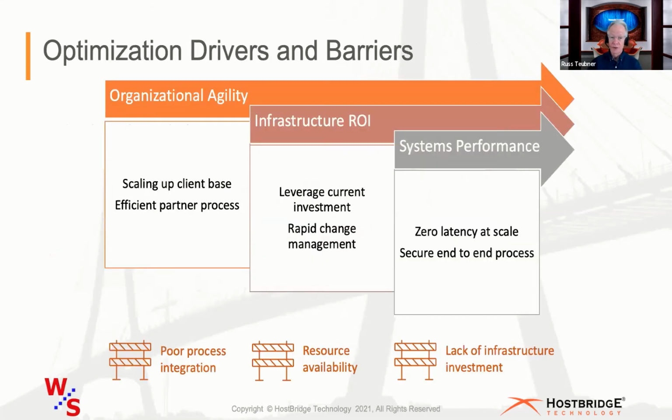Now, I'm going to talk at a top level here, and then we're going to boil down to some very specific use cases. So bear with me here, because this is really our frame of reference. We start by saying that the driver of this whole optimization or modernization process is the desire for organizational agility.